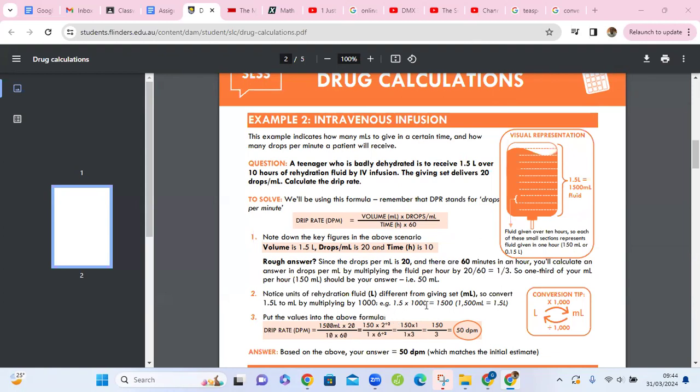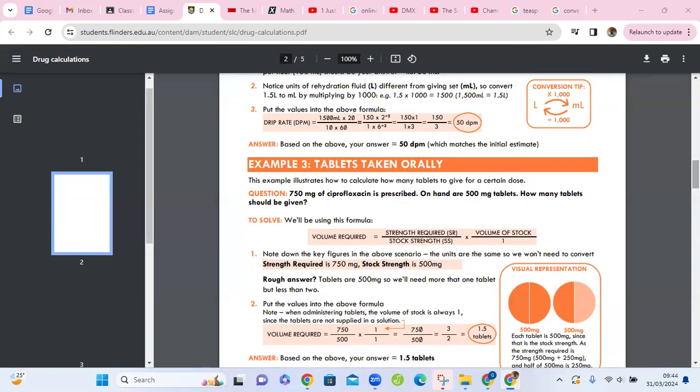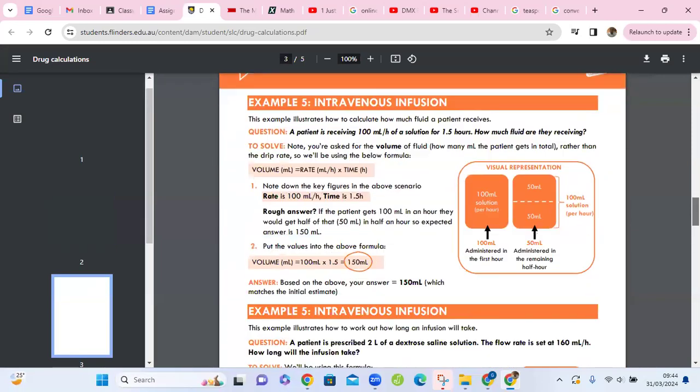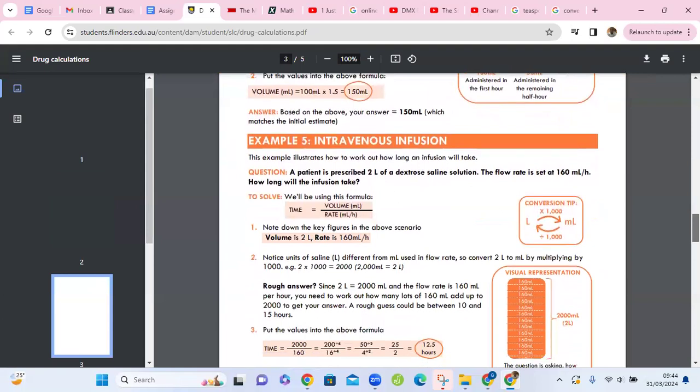Here you have a conversion taking place: 1.5 times 1,000 because you are converting from liters to milliliters. And then you apply the formula. And you have example 3, tablets taken orally, intravenous infusion.